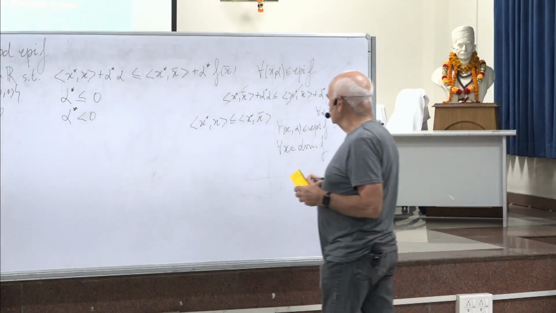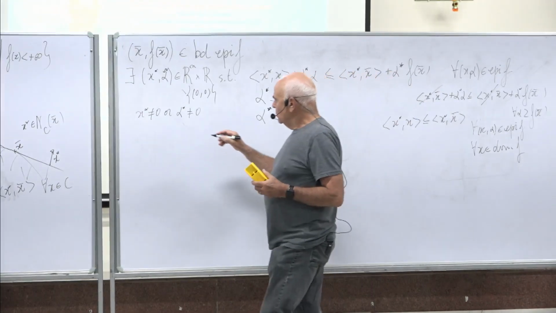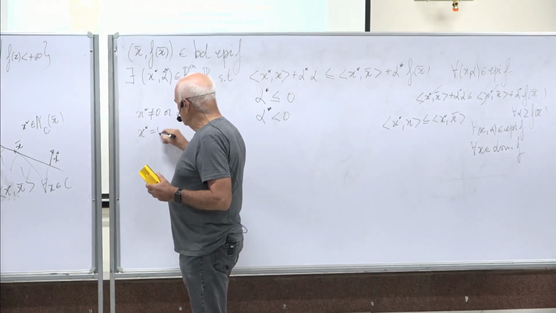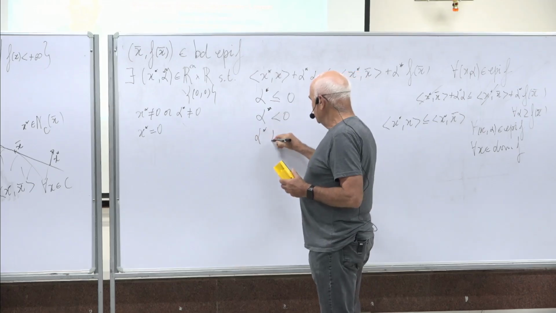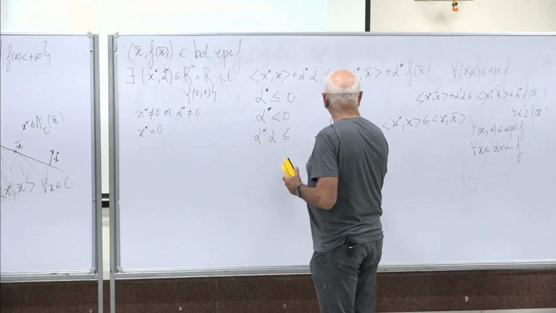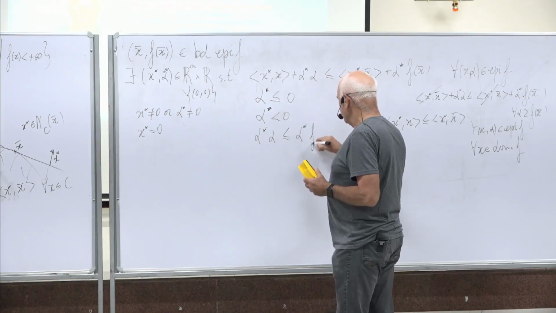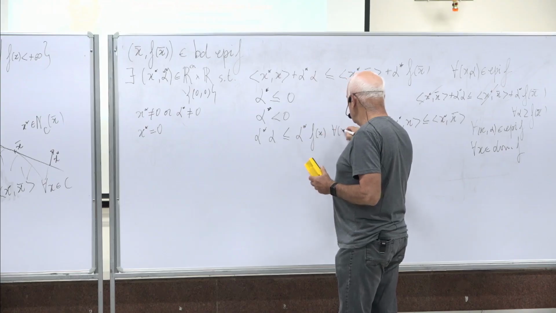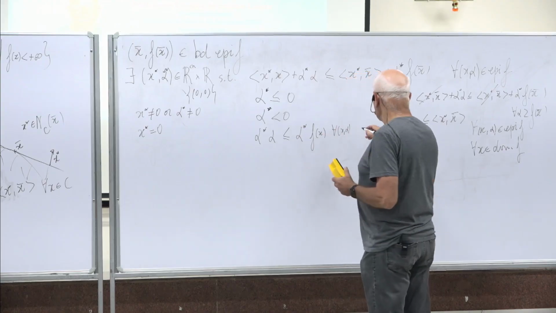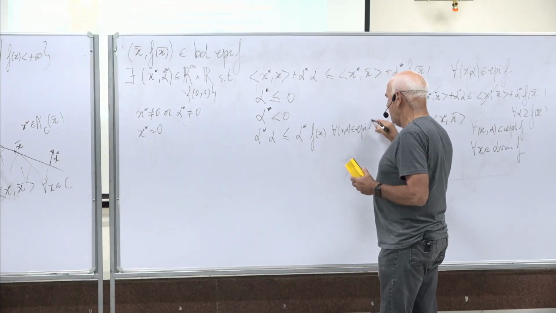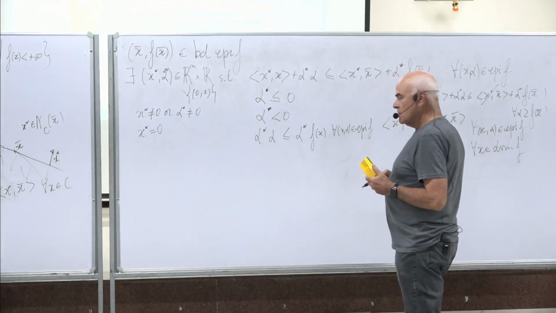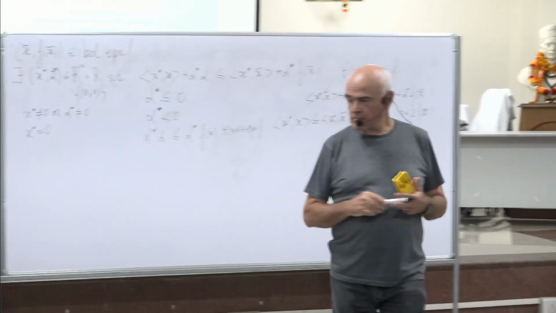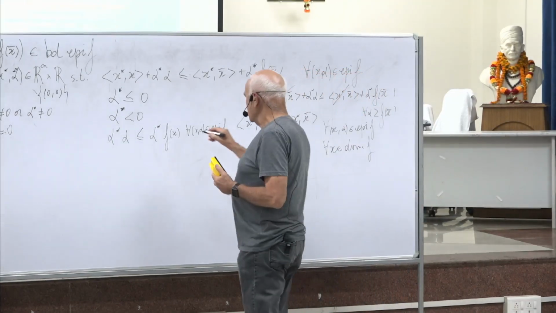But would it be possible that x star is equal to 0? Then this inequality would say alpha star alpha less than or equal to alpha star f of x bar for every x alpha in the epigraph of f. Okay, and sorry? Thank you.